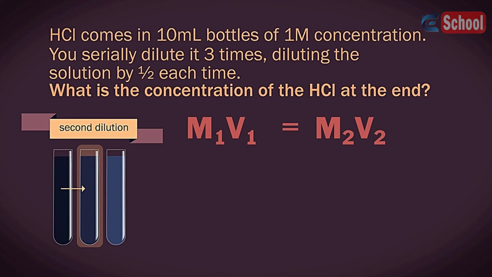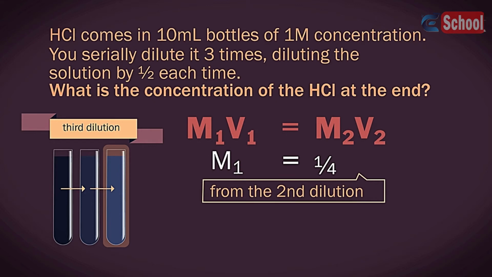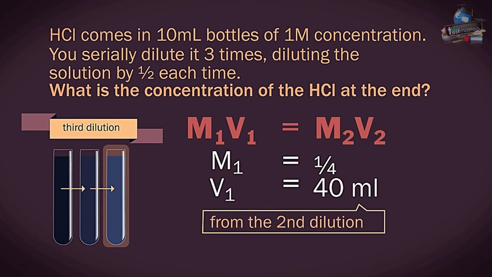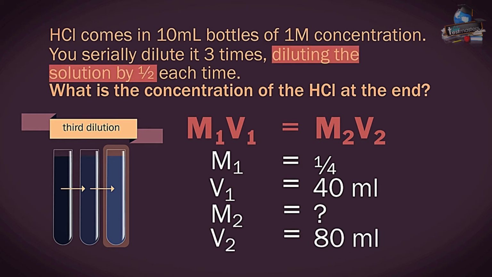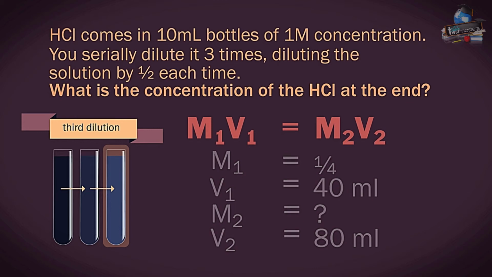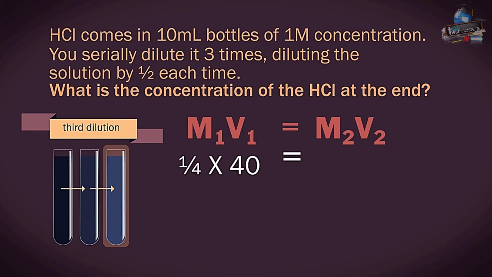And finally, our third dilution, M1 equals a quarter, V1 equals 40 mole, M2 we do not know, V2 equals 80 mole because we have already added another 40 mole of water to dilute it again by half. And substituting in these values gives us a quarter times 40 equals M2 times 80.